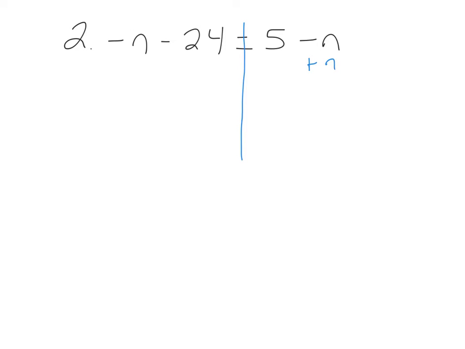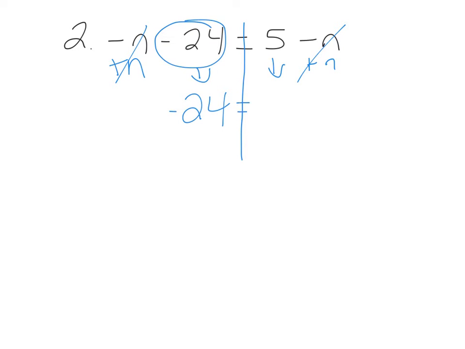Since it's negative, you add an n to both sides, and our n's cancel. So again, make sure you drop the -24. Don't forget that negative. And then also drop our 5. So we have -24 equals 5.